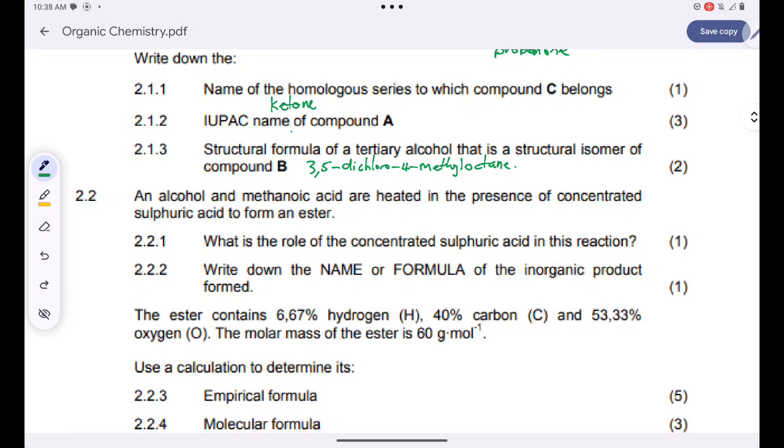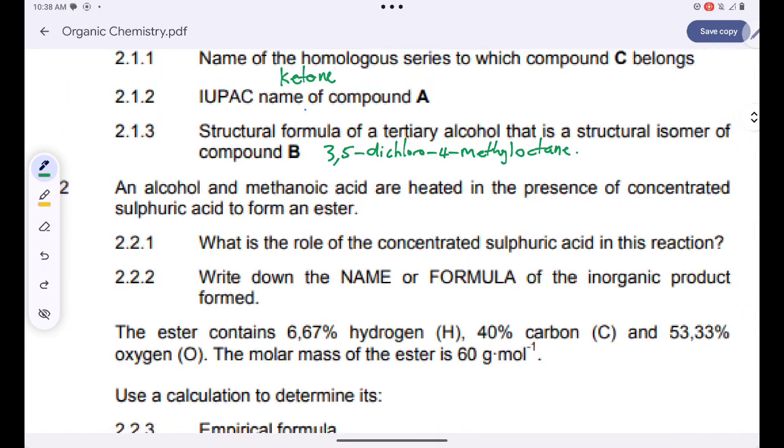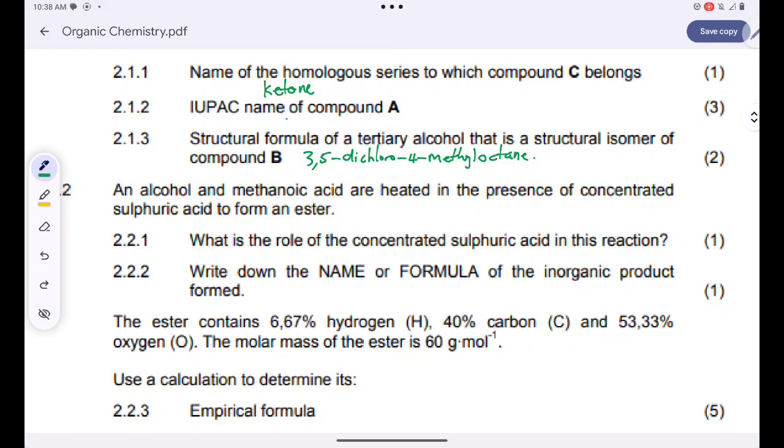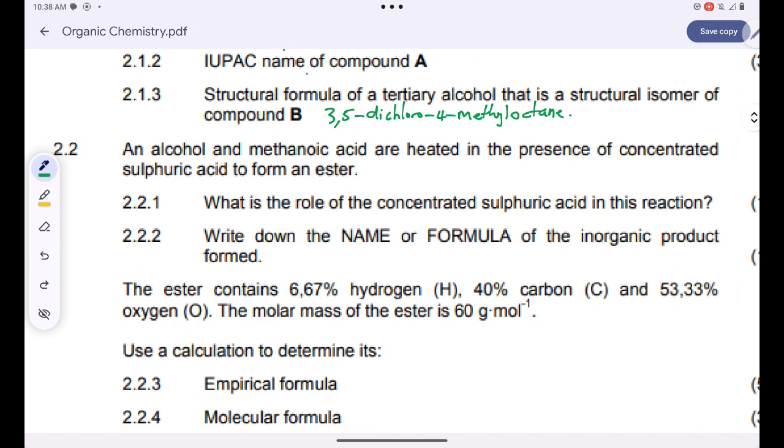Firstly, it speeds up the reaction, and secondly, it acts as a dehydrating agent. Okay, and then 2.2, we must write down the name or formula of the inorganic product formed. Always, guys, whenever you form an ester, the inorganic product that you will form will always be water, H2O.